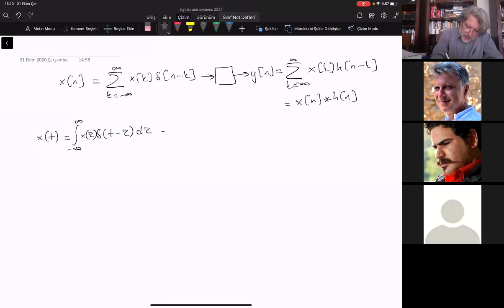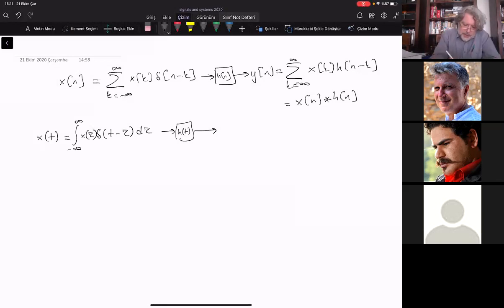Now, if I feed this into a linear and time invariant continuous time system. The system impulse response was h of n in discrete time. Here, the impulse response is h of t. So delta t comes into the system and h of t goes out. Okay, that is the impulse response. Same logic. Impulse is the input, response is the impulse response.